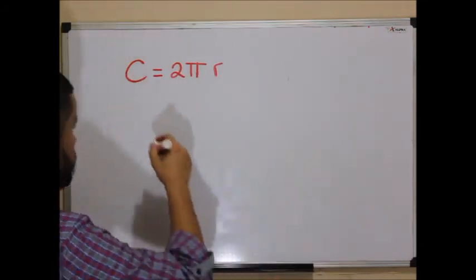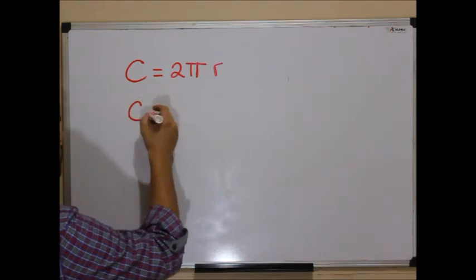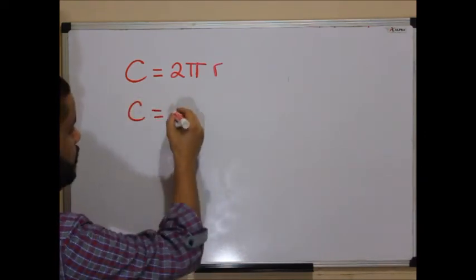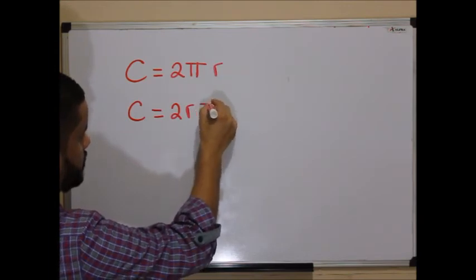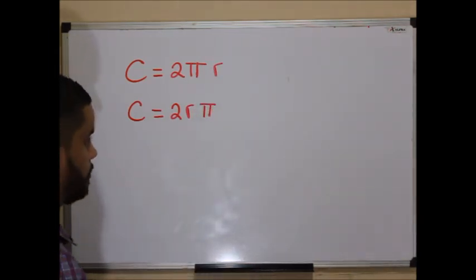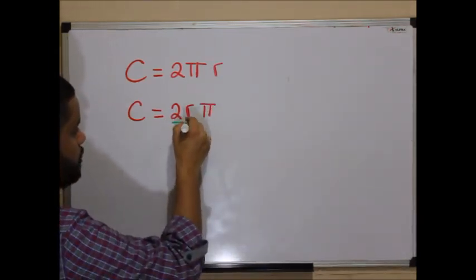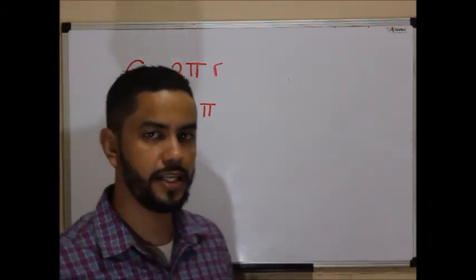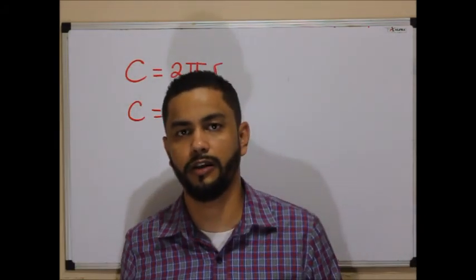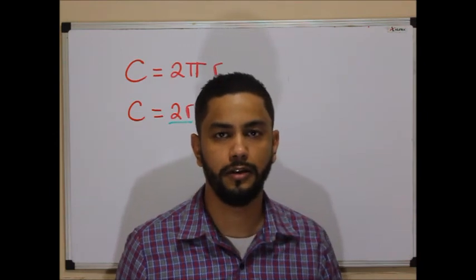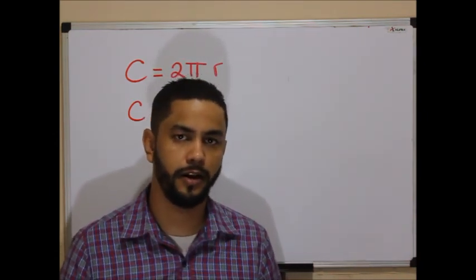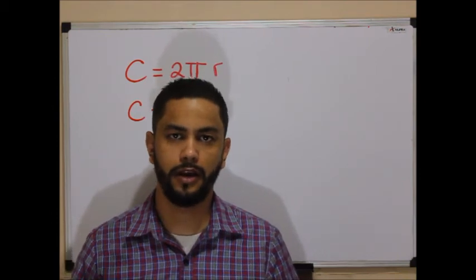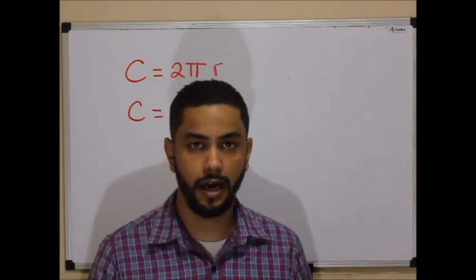So we're going to have here that the circumference can be equal to 2 times r times pi. Now, what can you say about that expression, 2 times radius? 2 times radius is something that you already know. 2 times radius is equal to diameter.